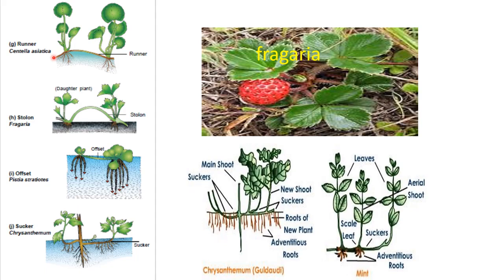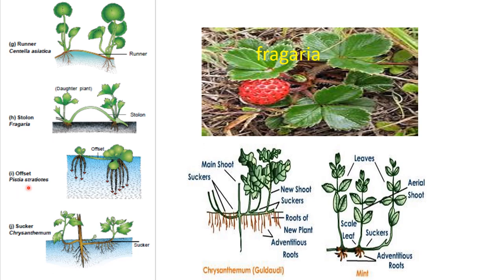Centella asiatica, vallarai. The stem part that is giving rise to a new bud is called a runner. Fragaria: you can see the raised part, that is a stolon. The raised part that I am showing is a raised stem. This part is called a stolon, which is going to give rise to a new plant.